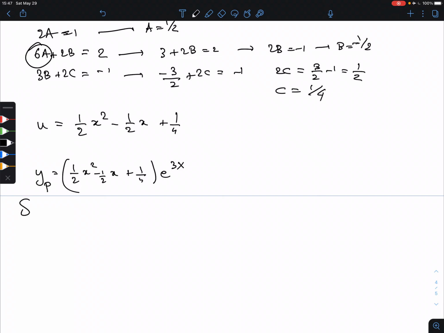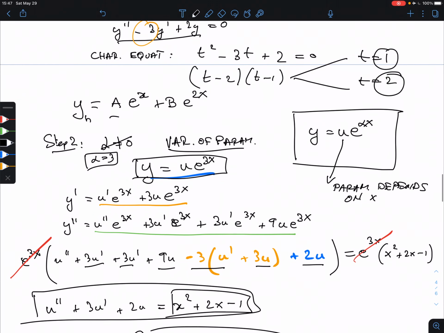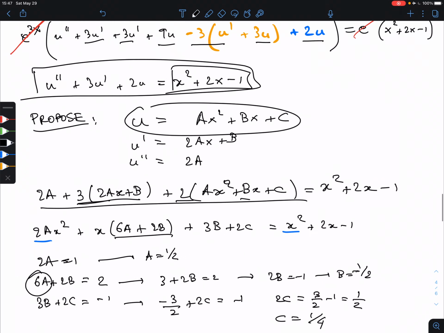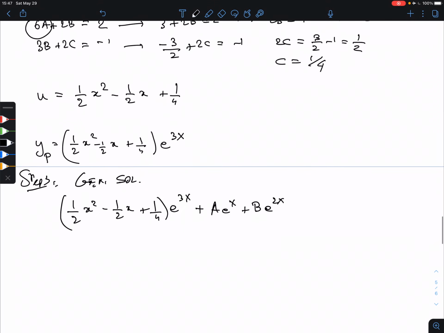And so the general solution, last step: you take the particular solution, a half x squared minus a half x plus 1/4 times e to the 3x, plus the general homogeneous solution, that was this guy here, a e to the x plus b e to the 2x, right? Yes, okay. All right, that's it.